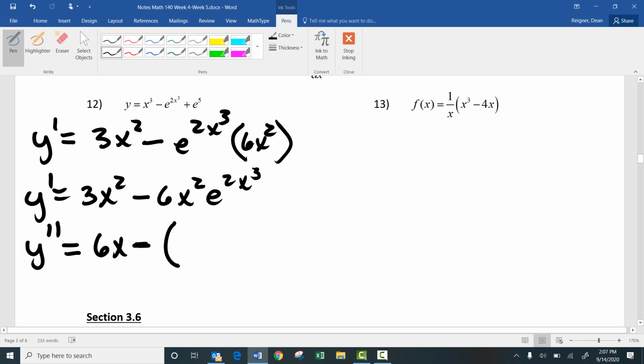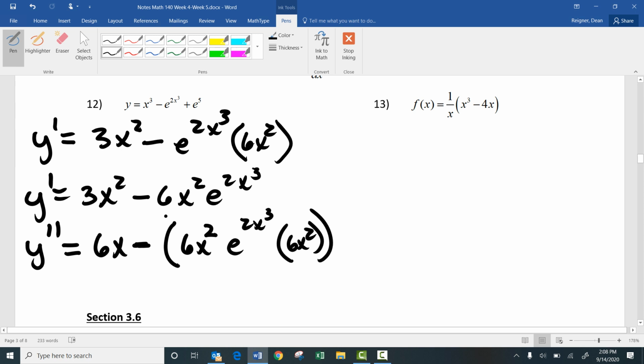Now when we do this derivative, you see two things there. This is the product rule. So first guy, derivative of the second guy. Derivative of e to the 2x cubed is e to the 2x cubed, and then you need the derivative of the exponent again, which is 6x squared.